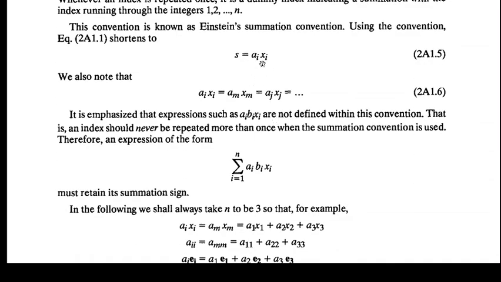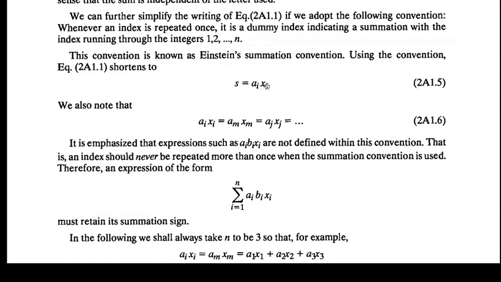Now you can see that there is no summation sign. This is the Einstein summation convention: we are not using the summation sign. Without using the summation sign, we are saying that this is the dummy index and there is a sum on this dummy index.